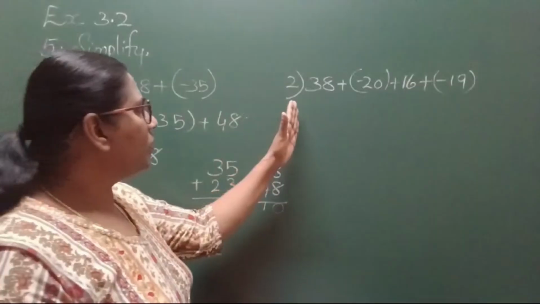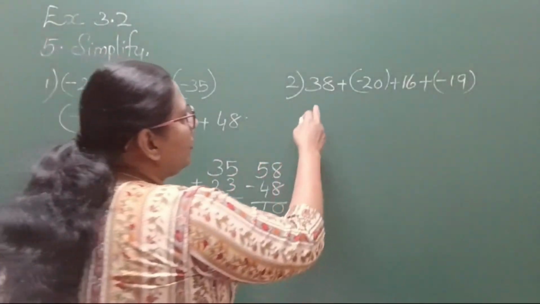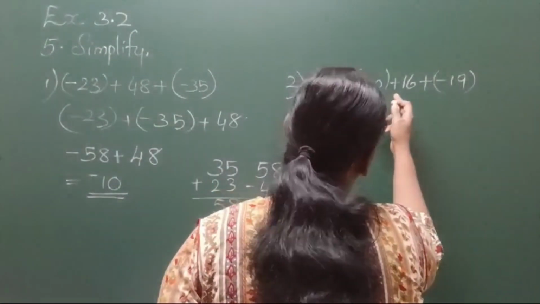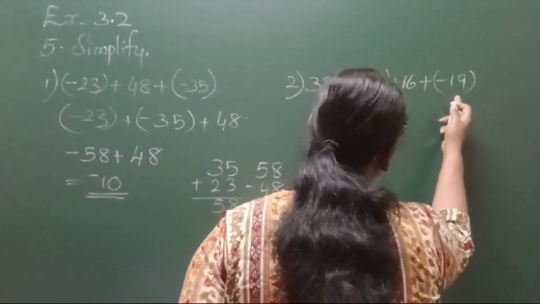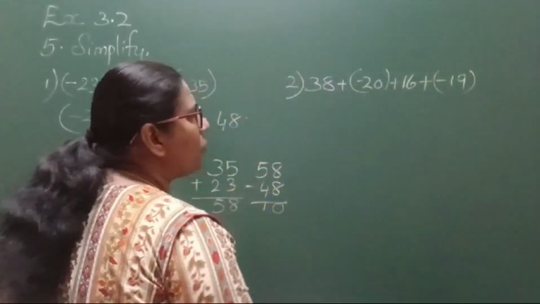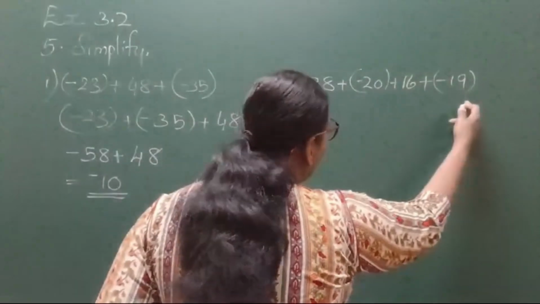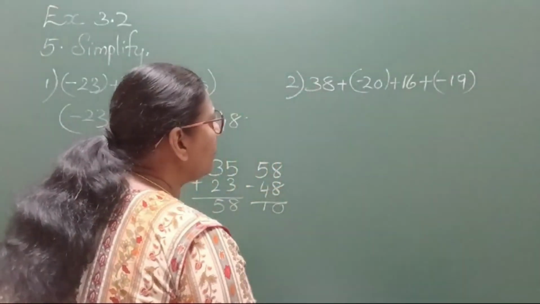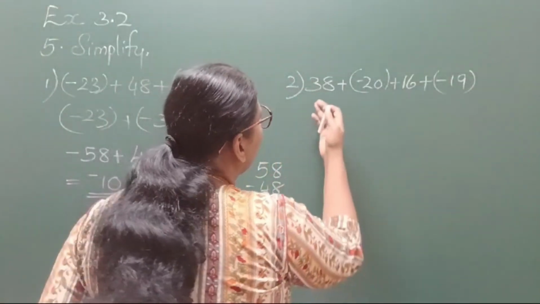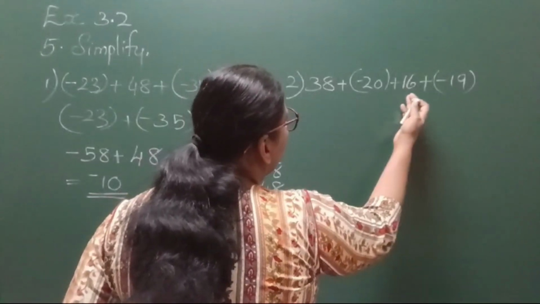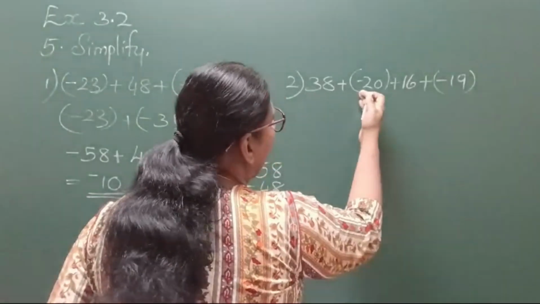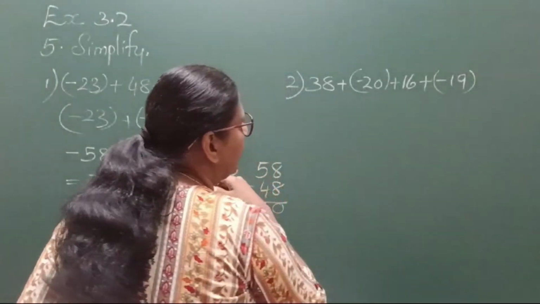Now let's do the next one. 38 plus minus 20 plus 16 plus minus 19. Here also there are two different kinds of integers, and there are four numbers. In this case, we can add both the positive integers first and then both the negative integers.